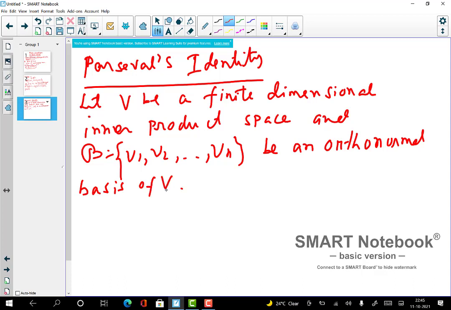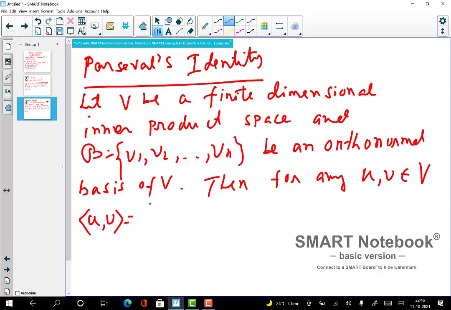Then if you choose any two vectors, say U and V belonging to V, you can have the inner product of U and V, and that will be exactly equal to the following. I am assuming that we are over the field of complex numbers, and for real numbers it will be trivial.